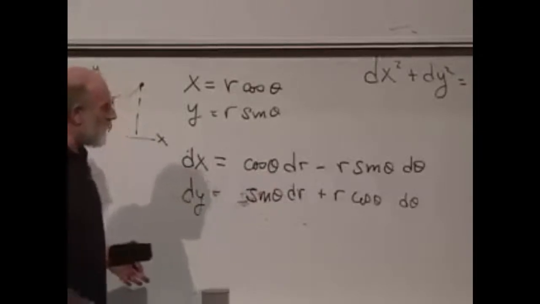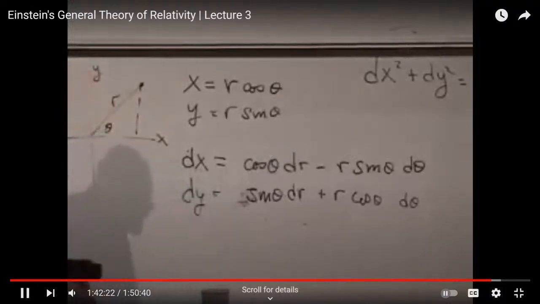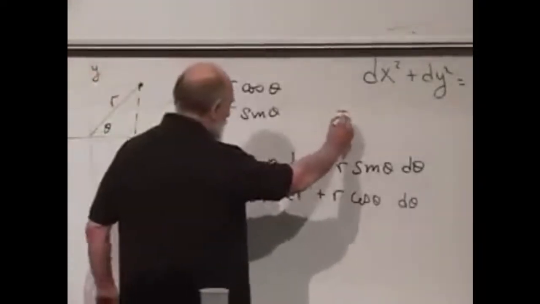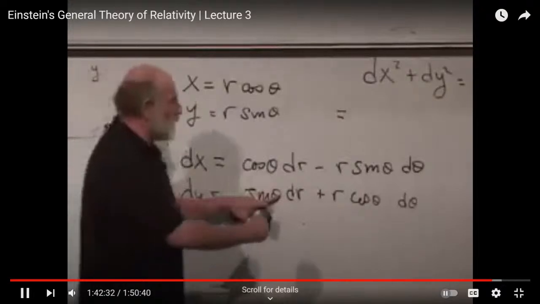Cosine squared plus sine squared is 1, so this contribution will just be dr squared.